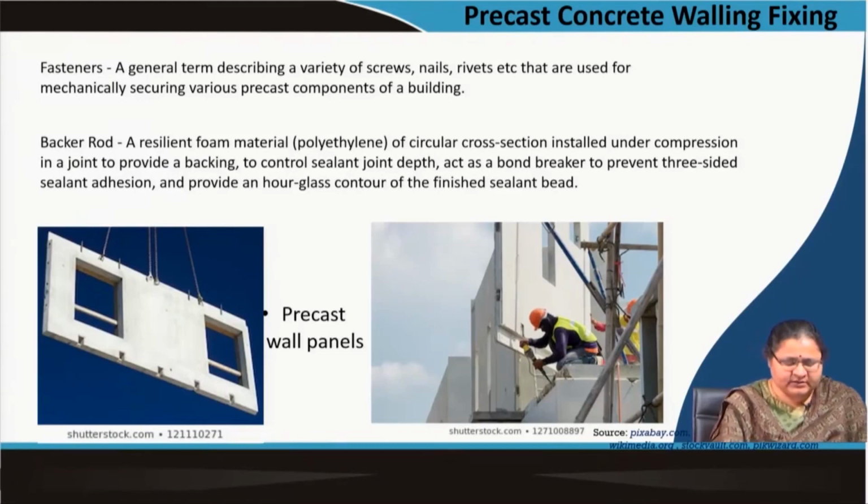As you see a clearer picture, you can see a lot of points are there here for anchorage, and also you can see some rods are popping out.